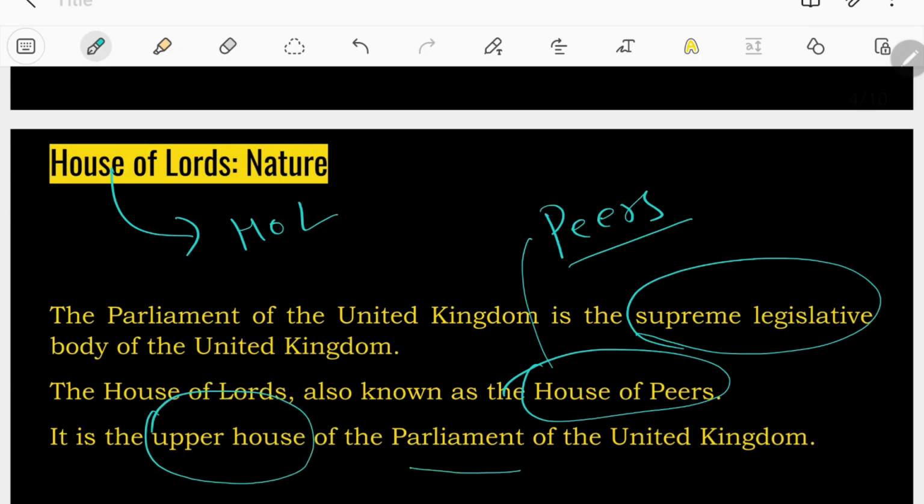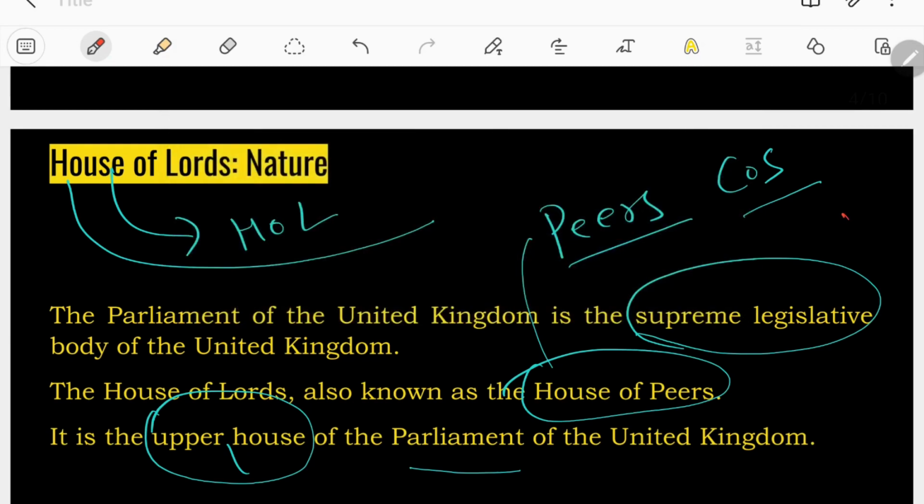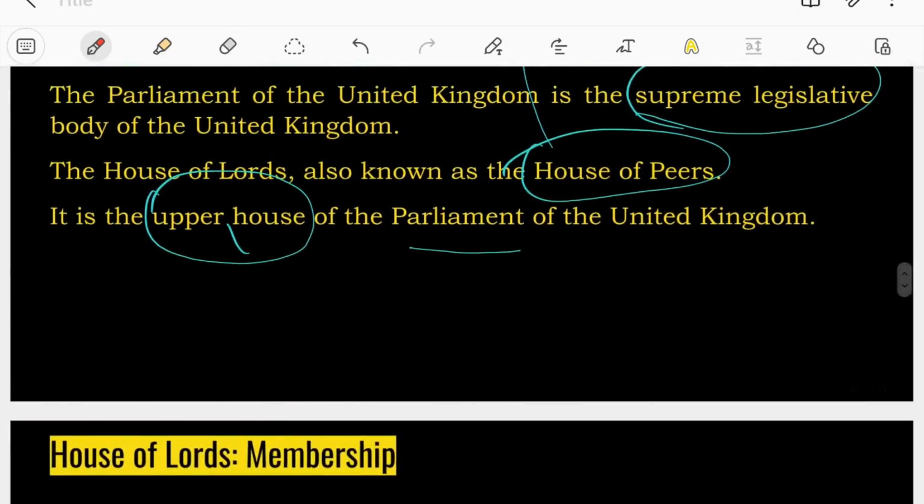In India, if you connect with the Indian Constitution, the Council of States is the upper house. Similarly, in the UK, the House of Lords is the upper house. And in India we also have the House of the People. Similarly, they have the House of Commons here. So we will discuss that part also.